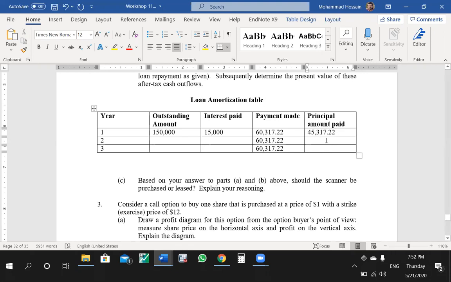And now you have to deduct this principal amount that has already been paid from 150. The rest of the amount will be 104,682.78. And your interest will be 10,468.38.